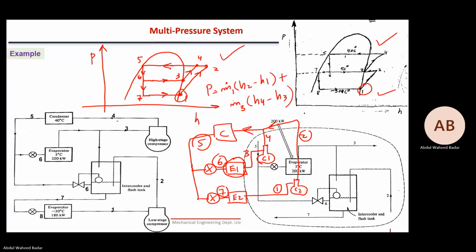H2 will be different. In the earlier case, H2 was till this pressure, but now H2 is going till the 40-degree pressure. Temperatures inside the dome are the same, 5 and minus 30. So the point 2 enthalpy will now be different, corresponding to the pressure of 40.